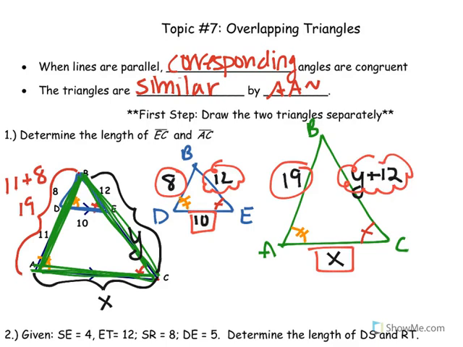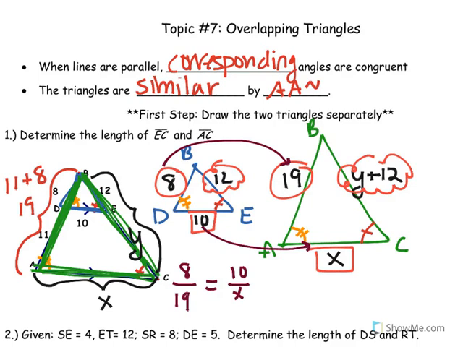And I can set up my proportions. My first proportion will be to solve for X. The sides that I know are the 8 and the 19. So my ratio 8 over 19 has to equal my ratio 10 to X. I can cross multiply.